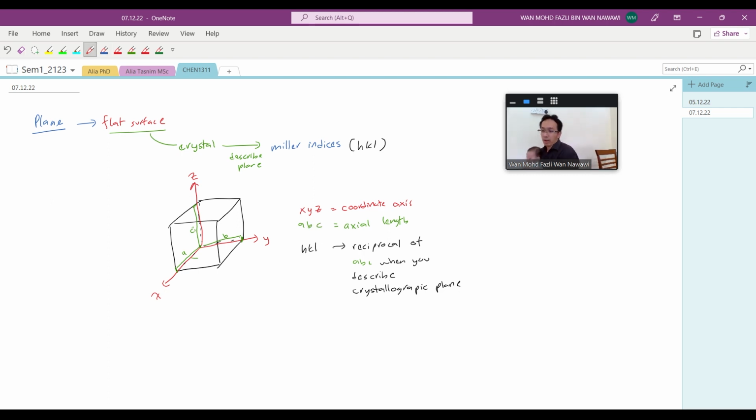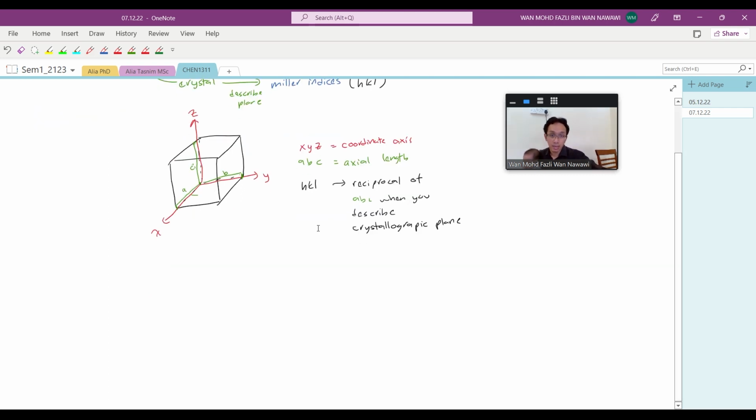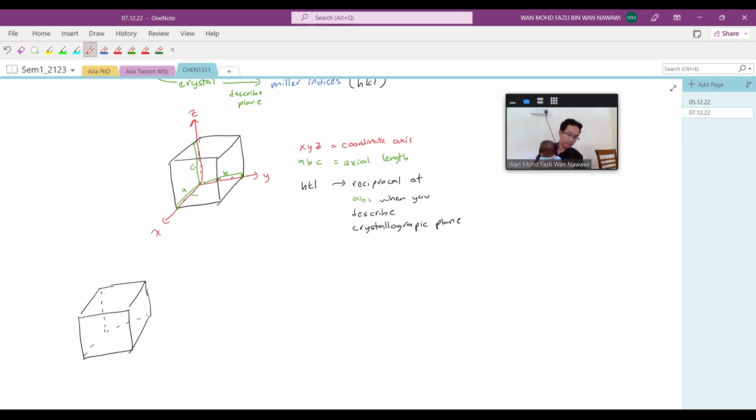Let me make it clearer. How do we find the HKL? Let's say I draw a cube like this, and I want to describe this plane.